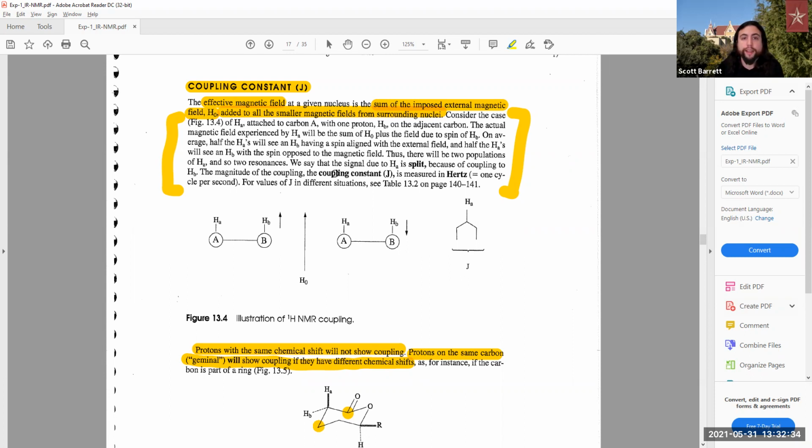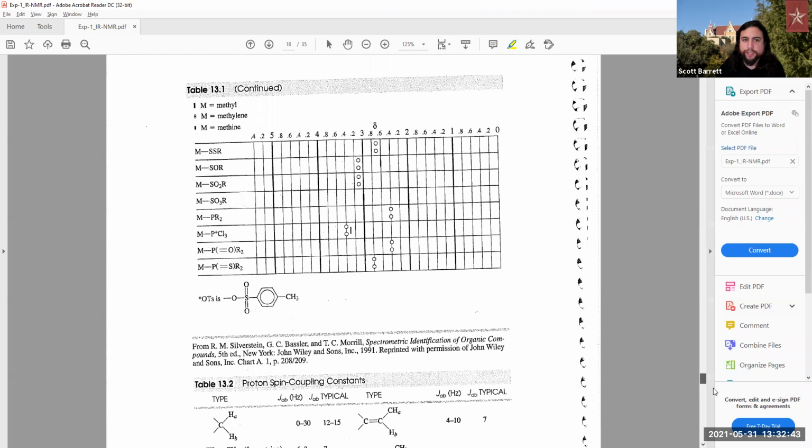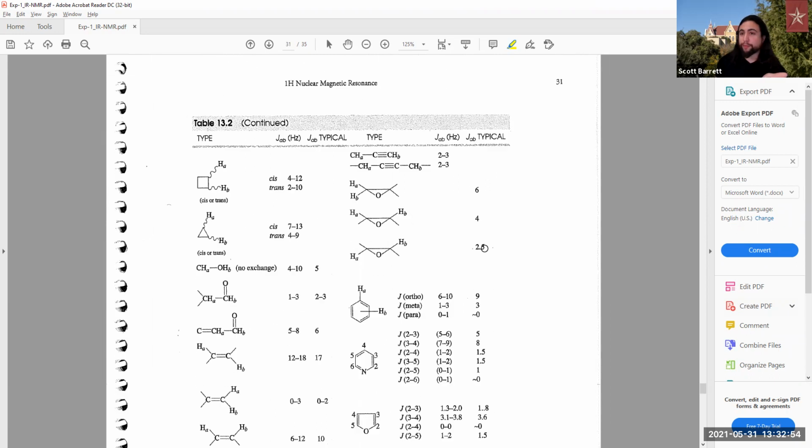The magnitude of coupling, or the coupling constant, is measured in hertz, or 1 cycle per second. The value of J can be seen here on table 13.2. My advice is to memorize a few of these, maybe some specific ones that are more applicable, because a lot of them overlap with each other.